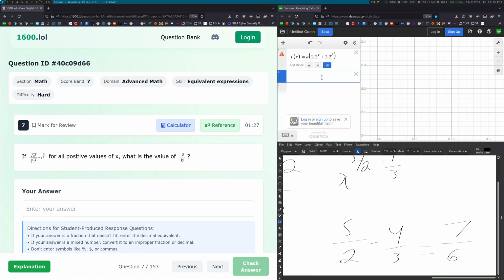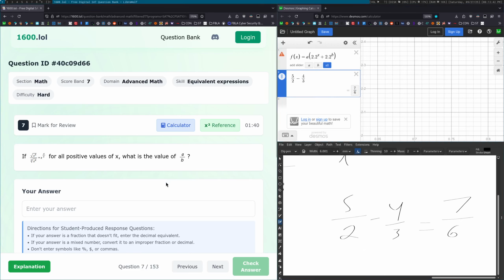Let's double check that. 5/2 minus 4/3 is 7/6. Yeah. A lot of people don't notice, but when it gives you a decimal answer like this, sometimes you'll see a little fraction icon here. When you press it, it turns it back into fraction form. So let's submit 7 over 6. And that's correct.